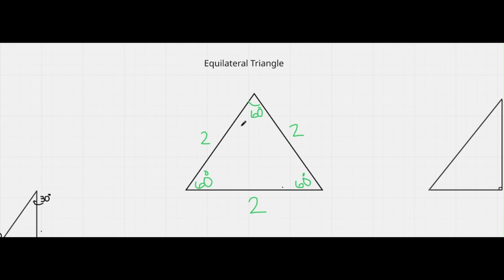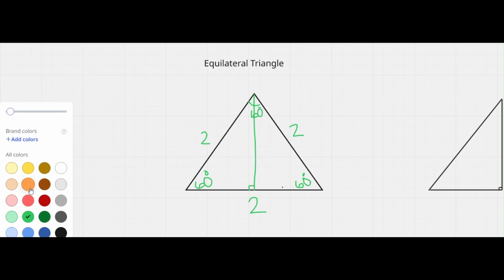Now, seeing that we have an equilateral triangle, let's draw a line from the top point straight down the middle to the midpoint of the opposite line. This gives us a 90-degree angle here, a 60-degree angle here.